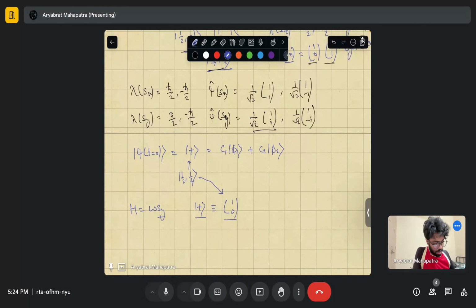Instead, initially your state was some linear superposition of eigenstates of Sy. So these are eigenstates of Sy.